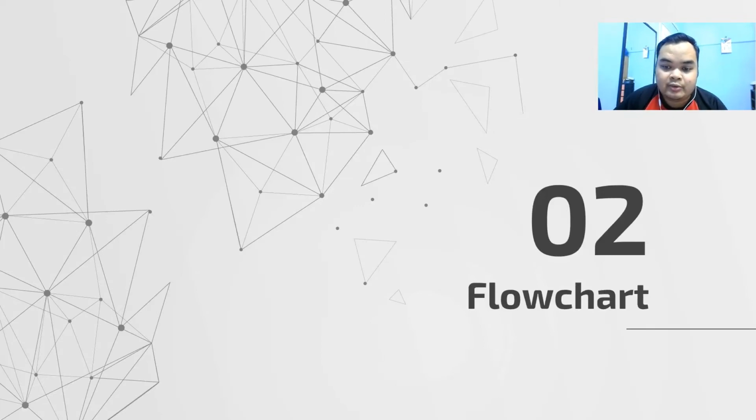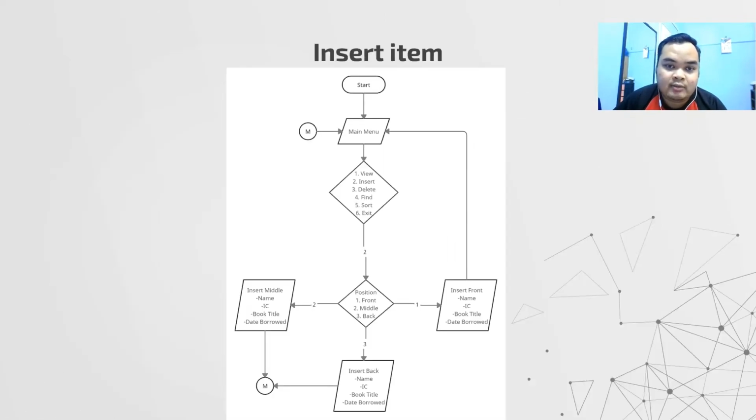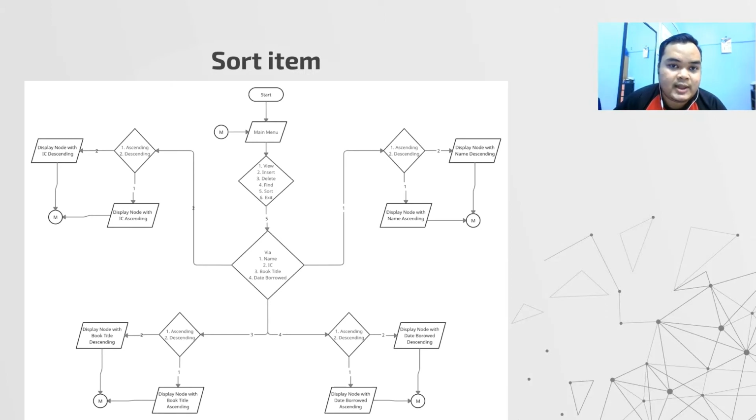So now we will go to the flowchart, and we will look at my part, which is sort item, or sorting. First of all, we have the main menu here. There are 6 operations, and we choose number 5 to sort. Here you can see we have four data, and we can choose which one we want to sort.